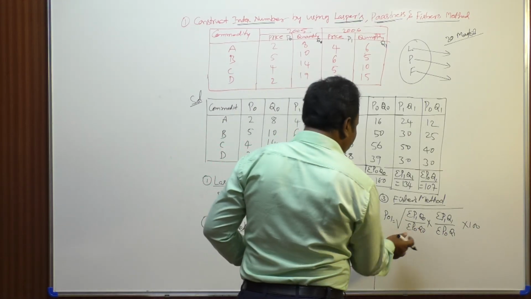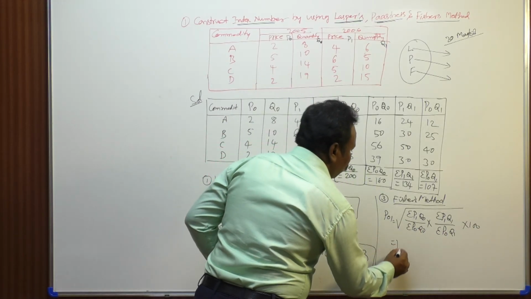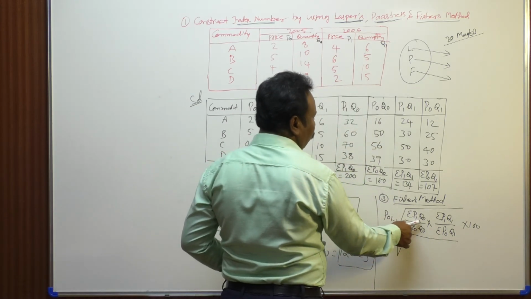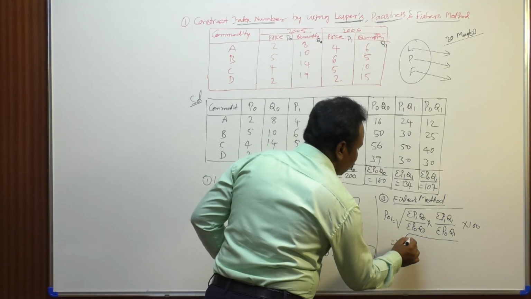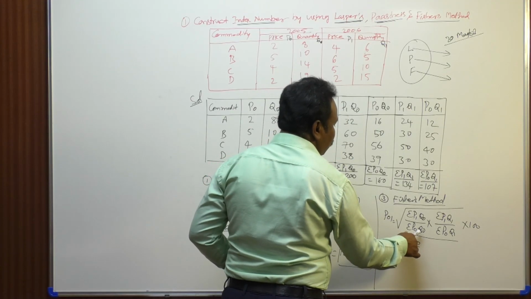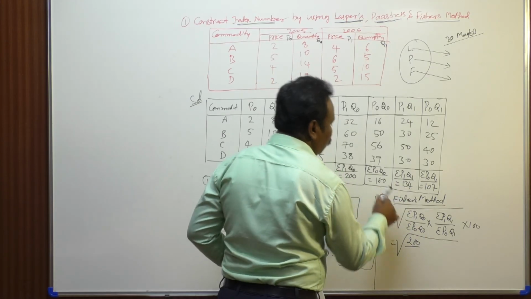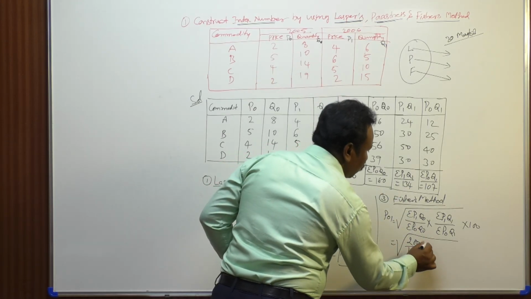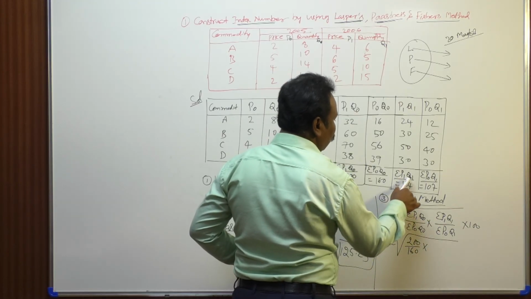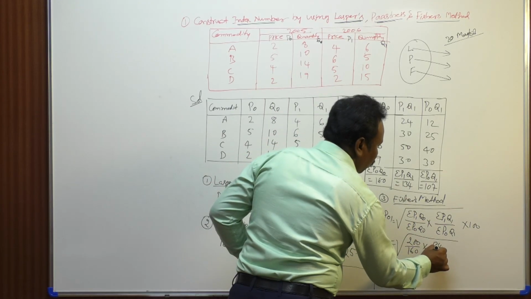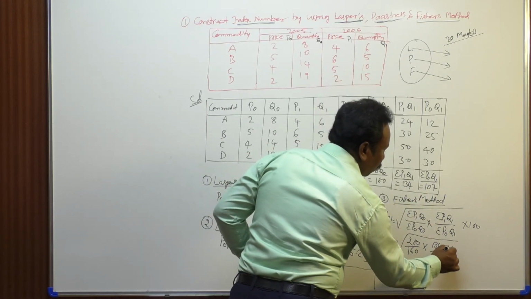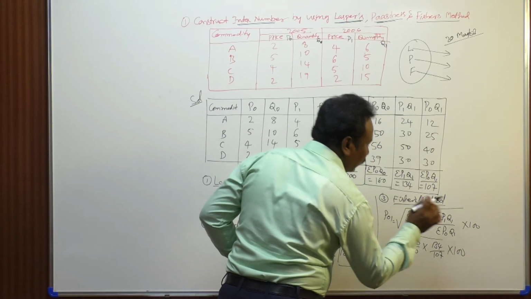Now the value of this: square root of sigma P1 Q0, which is 200, divided by sigma P0 Q0, 160, into sigma P1 Q1, which is 134, divided by P0 Q1, 107, into 100.